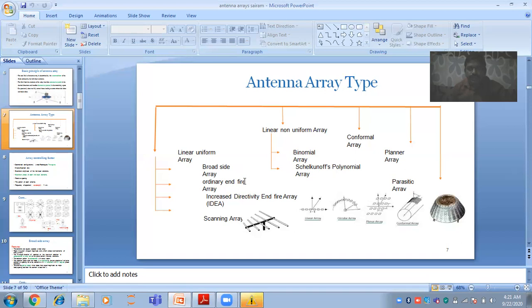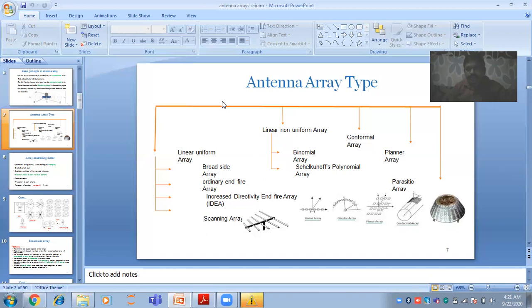The different cases are nothing but the supply of currents to the antennas falling under different cases. Sometimes we apply the same polarity currents, and sometimes currents of opposite polarity, and sometimes we supply currents that are out of phase by 90 degrees. And also currents having any type of phase difference. That case also will be studied. So these are all the things that we are going to study.